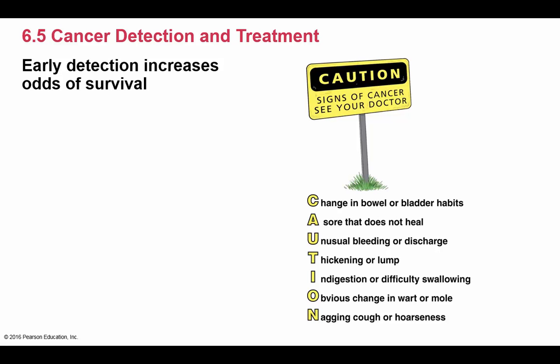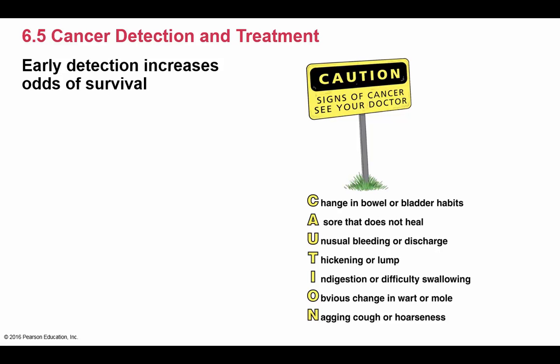Instead, most of the risk of cancer is actually contributed to exposure to environmental risk factors. And so this is typically the reason why we see cancer in older people more often than in younger people, because they've lived a lot longer, so they've been exposed to a lot more carcinogens, and because of that, they have an increased likelihood of developing cancer.